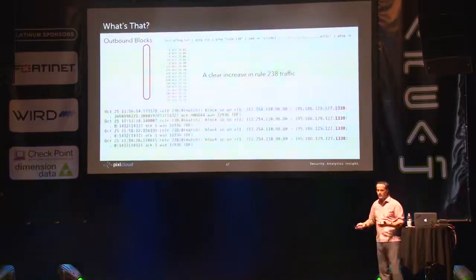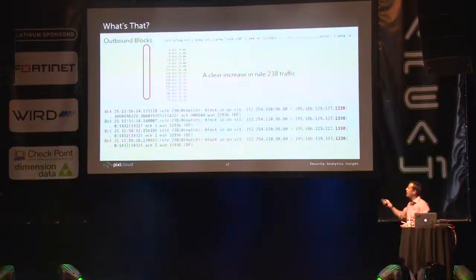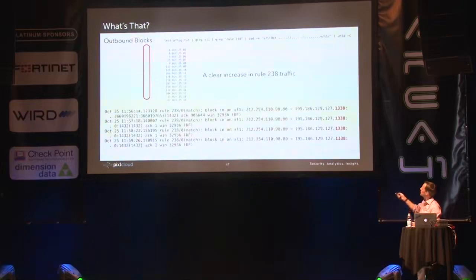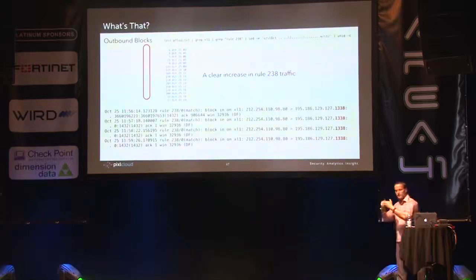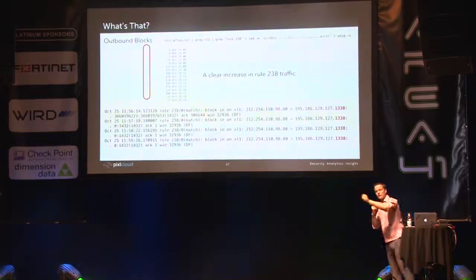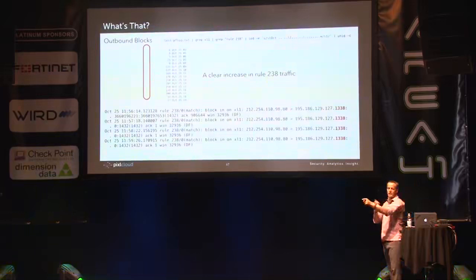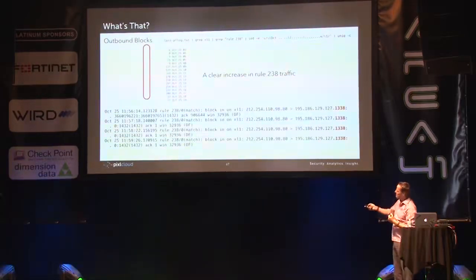And if we actually look at some of the log records behind this, it's kind of funky, and I'm still not sure what's going on here. But there seem to be basically the responses, so the server to the client, being blocked going out of my network. So it was not even the initial, it's not the incoming traffic, it's not the SYN that's being blocked, but it's outgoing traffic, and it's not even the SYN ACK, but some arbitrary ACK that's being blocked.